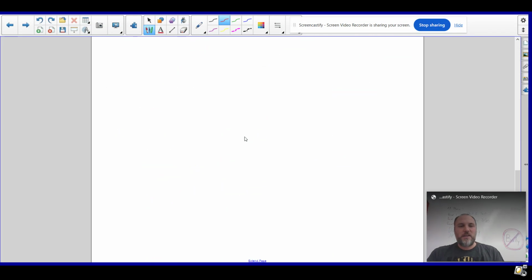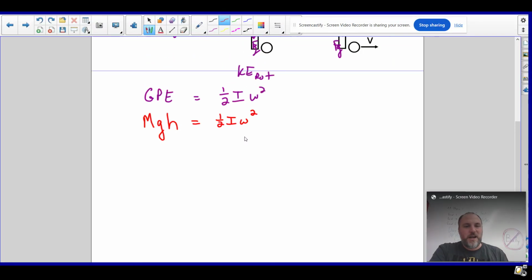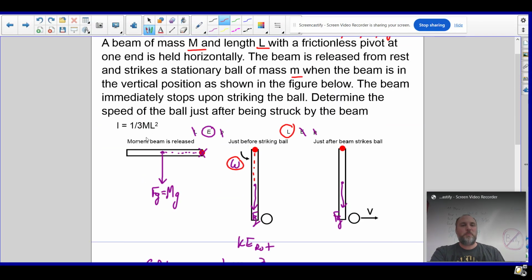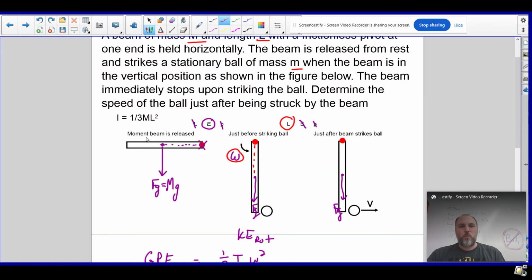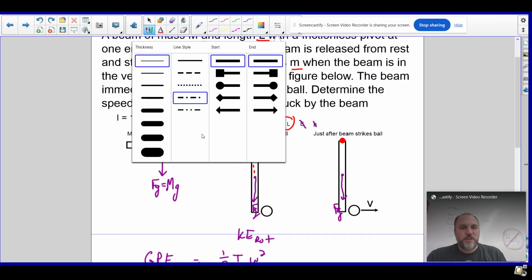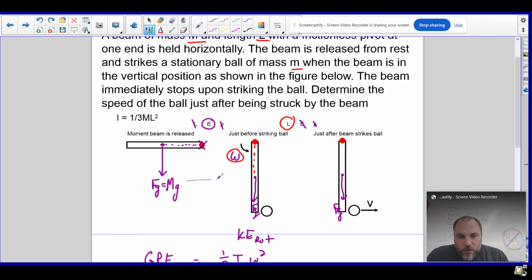So I'm going to take care of this height. When I talk about gravitational potential energy, I need a reference level, to compare how high the center of mass was raised above it. I'll choose as the reference level the location of the center of mass later on when the beam's in its vertical position.